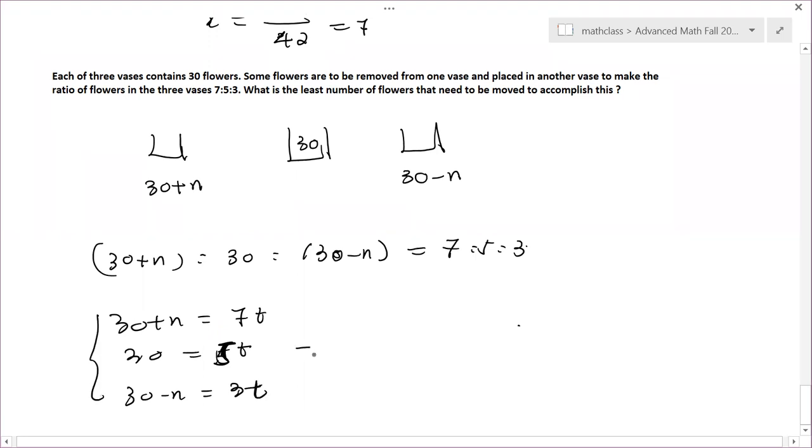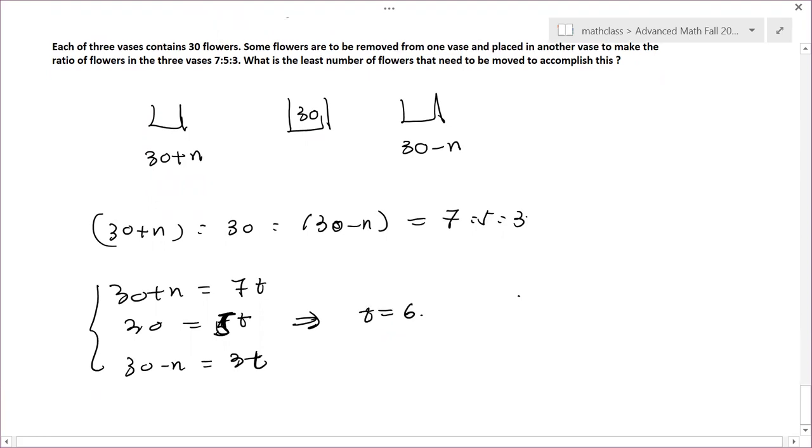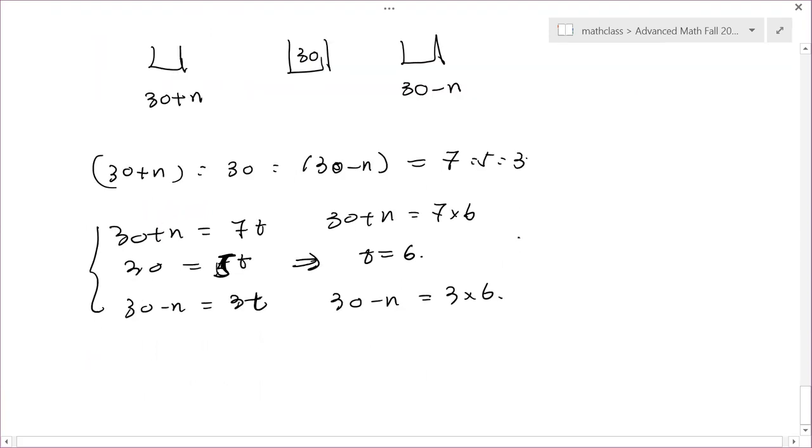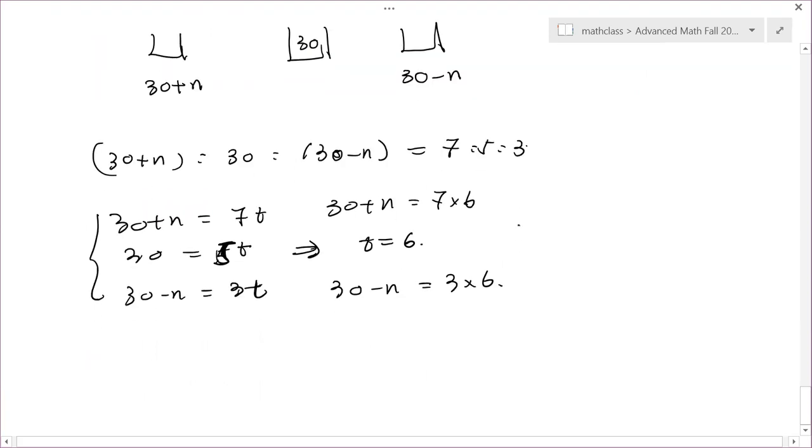So from the middle, you find out t equals 6. And then you shouldn't get any contradictions, otherwise you're going to have a problem here. From the first equation, 30 plus n equals 7 times 6. And here, 30 minus n equals 3 times 6. I want to make sure that gives you the same value. Otherwise, you have to redo the problem.